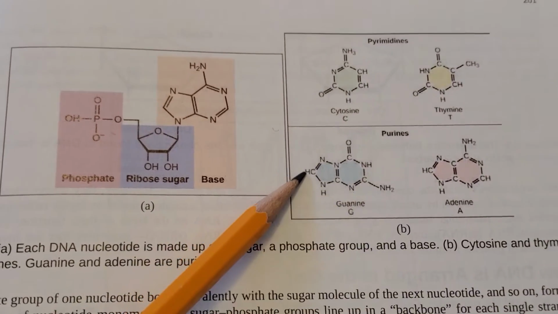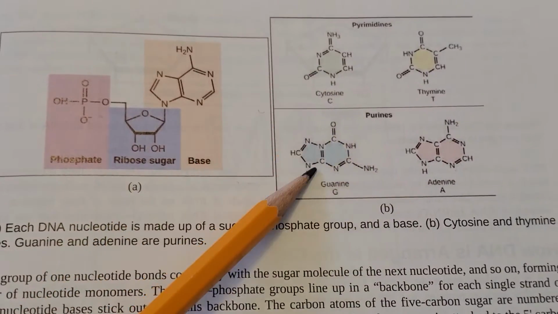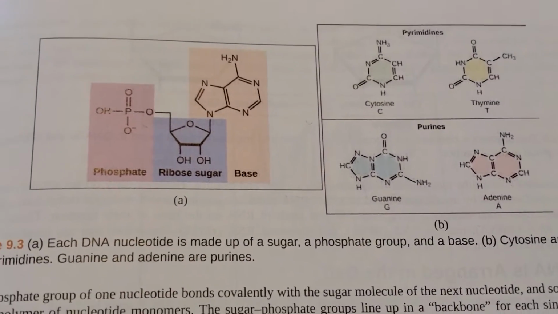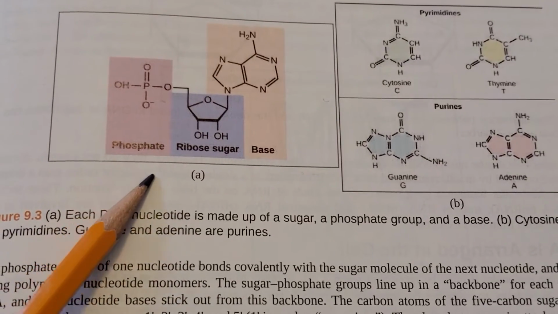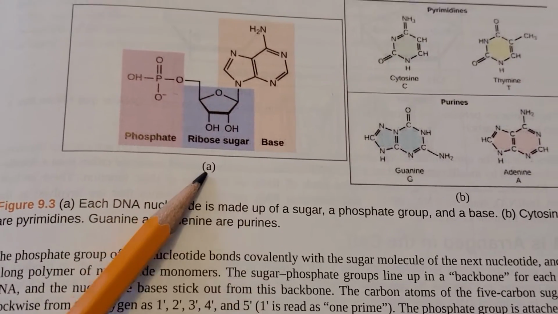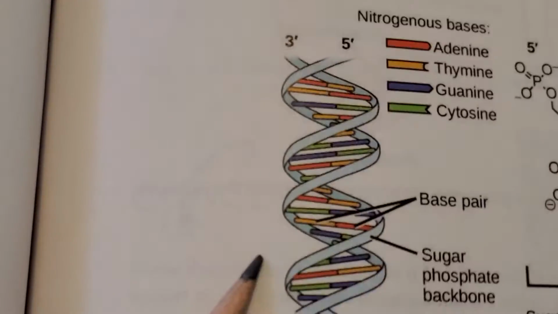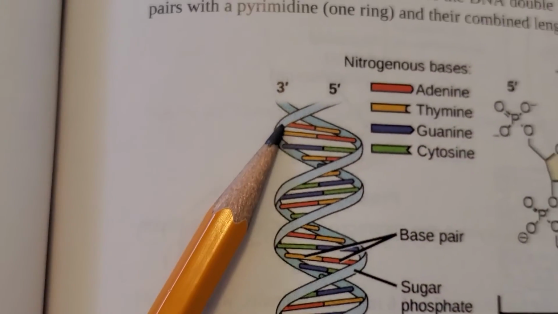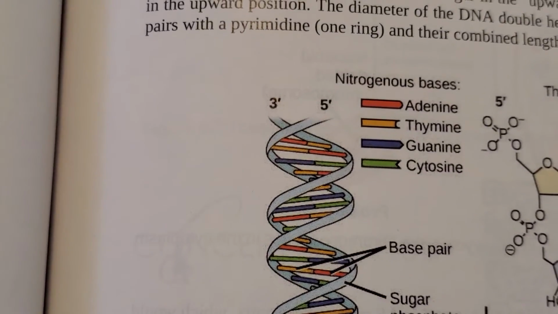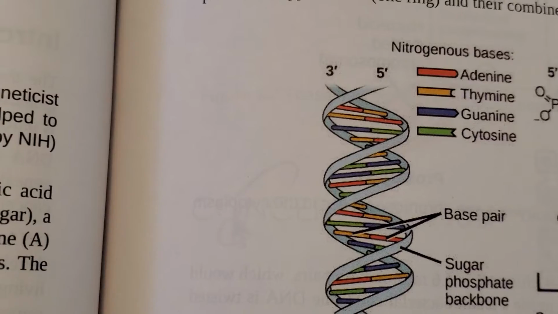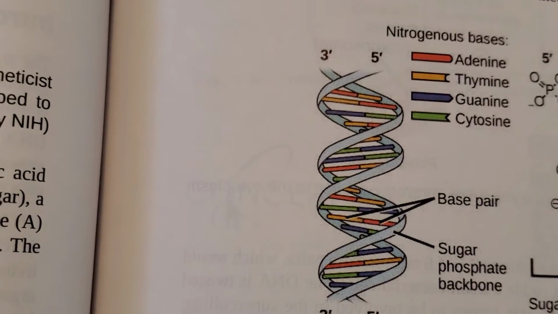So now let's think about figure B and think about figure A separately. So we know that a nucleotide is built up of these three components, and we know that DNA has a phosphate sugar backbone, right? And that something is going on inside of here to cause it to coil.